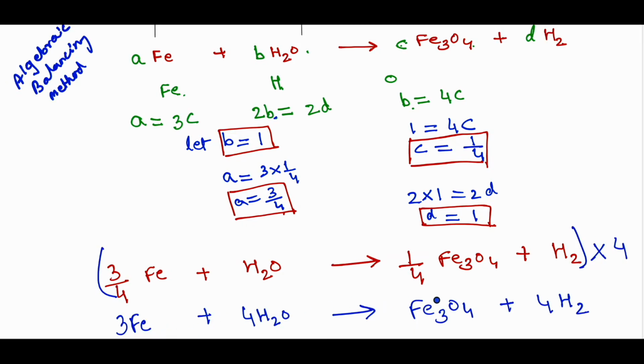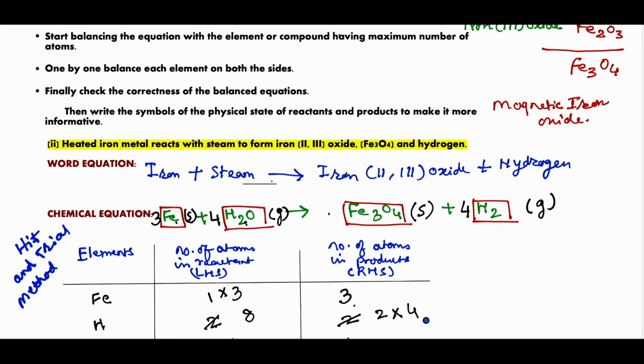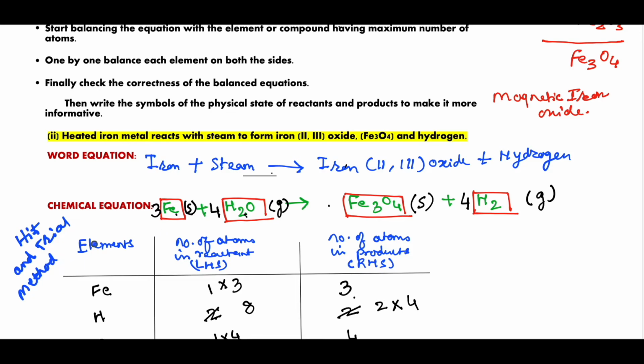So this is the balanced chemical equation by the algebraic balancing method. So you have 3Fe plus 4H2O gives Fe3O4 plus 4H2, and this is the same that you had with the hit and trial method.